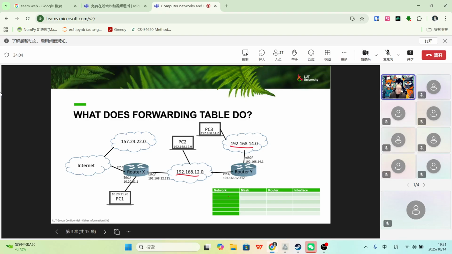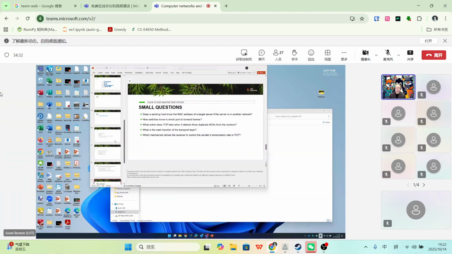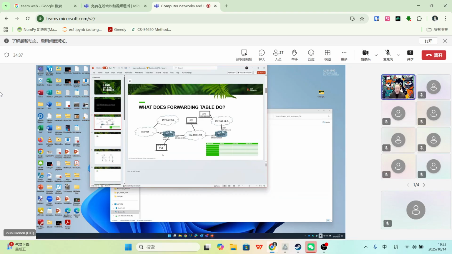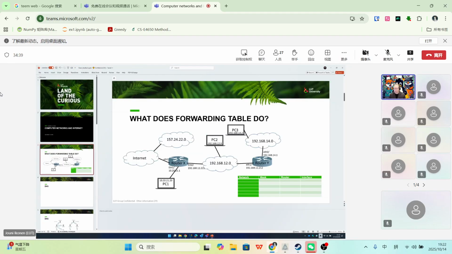So 192.168. Okay, this is terrible writing with this. Let's try something else. Let's share my display. Okay, and now I can actually fill in the table, hopefully.